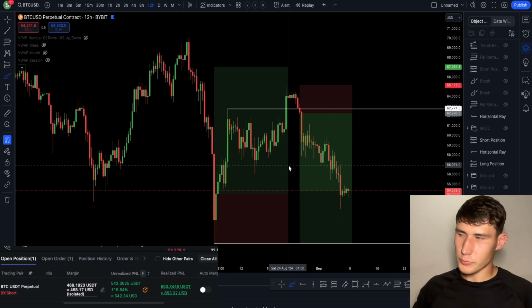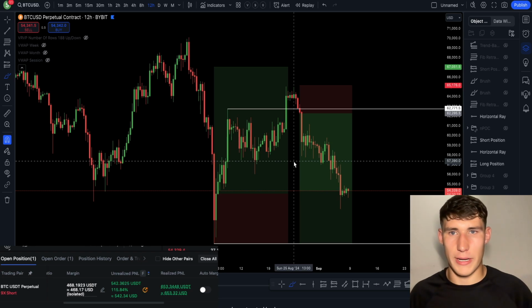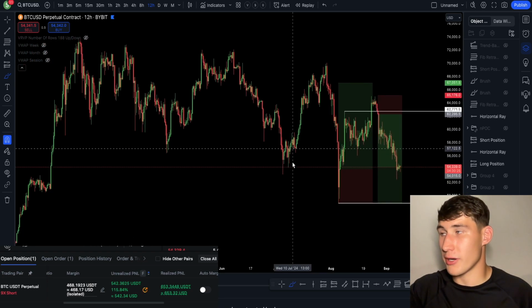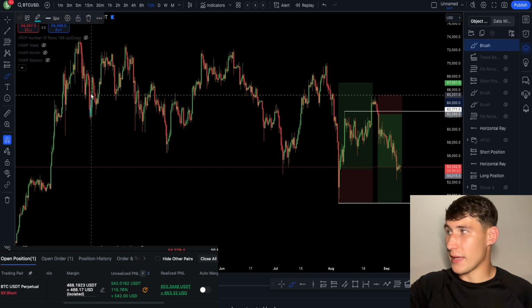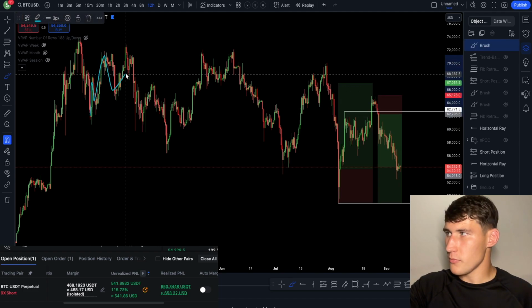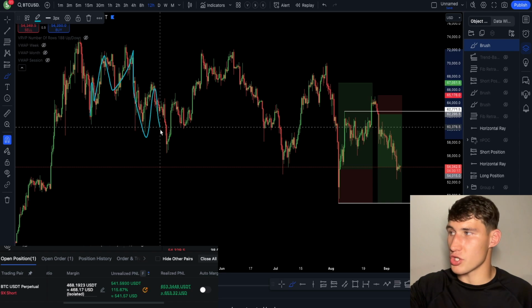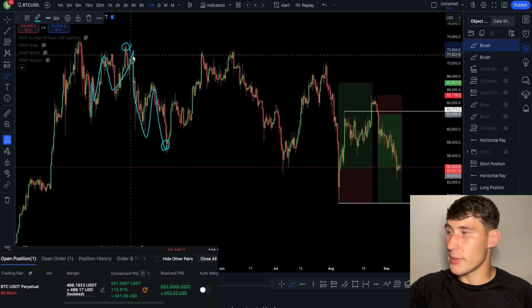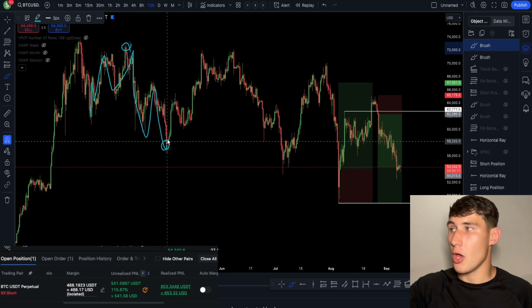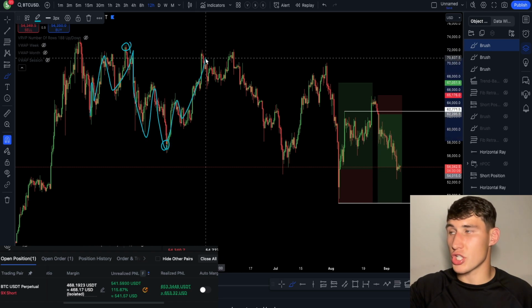But first, I just want to talk about what the trend is at this moment in time, and what the trend has been for quite some time. And that is that we've had this bullish market structure, which then breaks to bearish structure for a new low to be put in. Of course, we shorted this up here, and then we longed this low here, where we then saw bullish structure again.